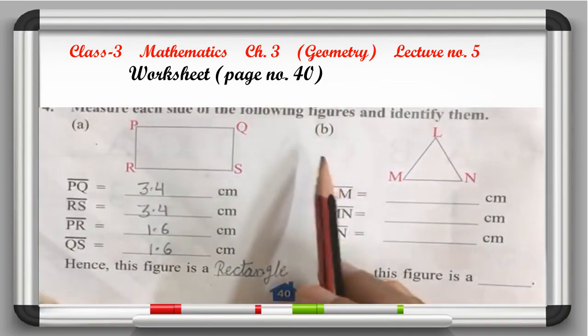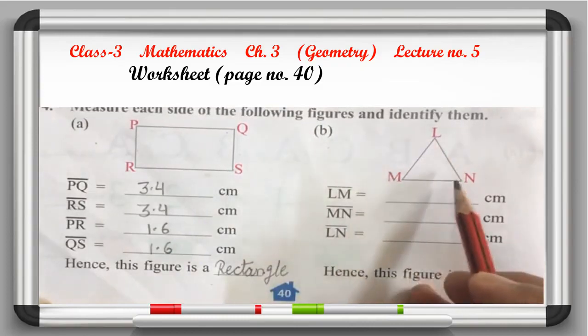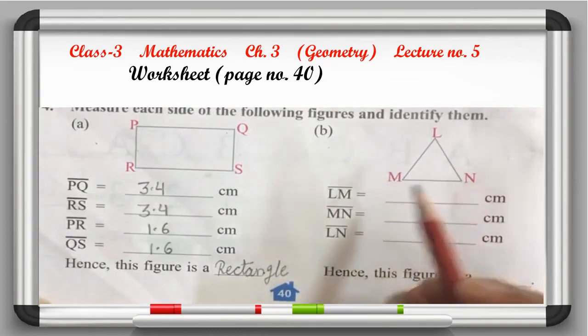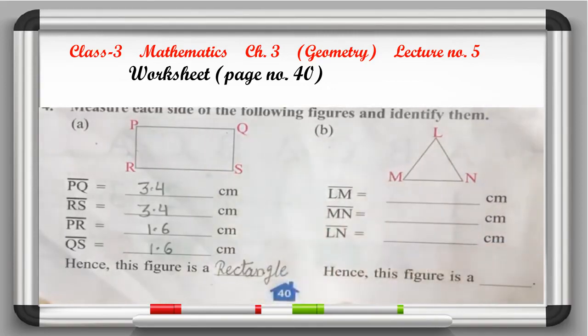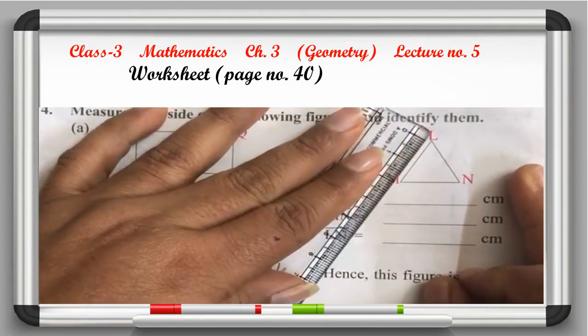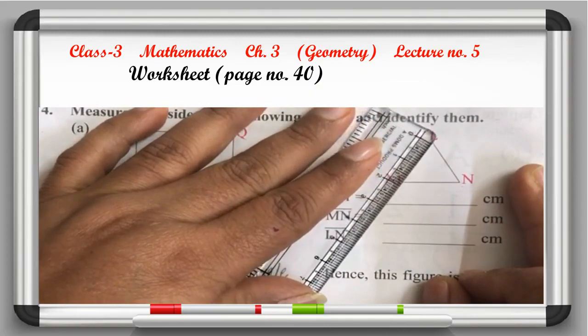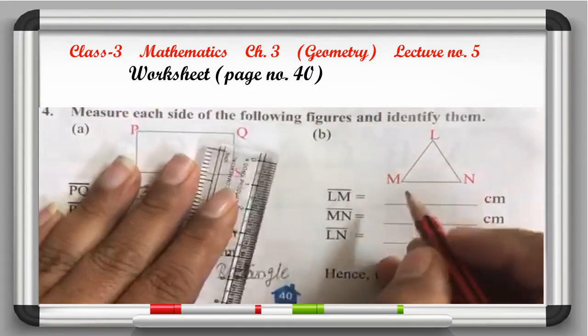Now beta, in B part, this figure is given, L, M, N line segments are given, and we have to measure the length of LM first of all, line segment LM. So here we will put the scale like this and find out the length of line segment LM, and that is equal to 2 centimeter.